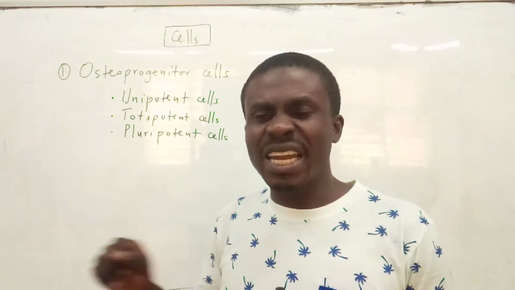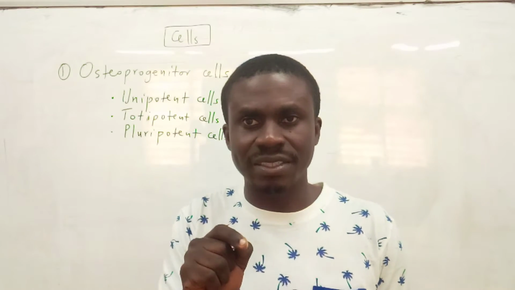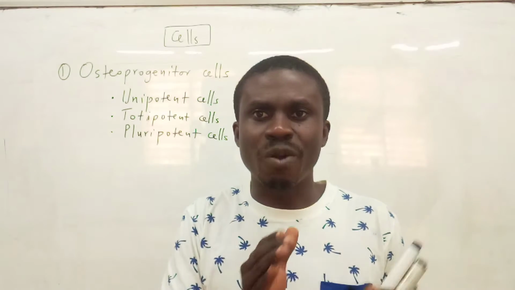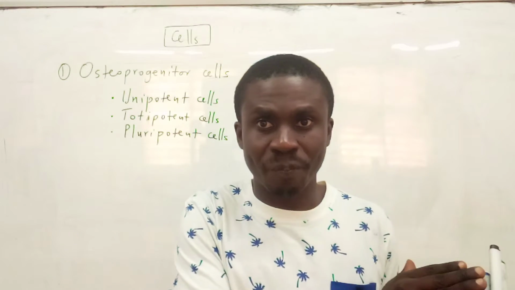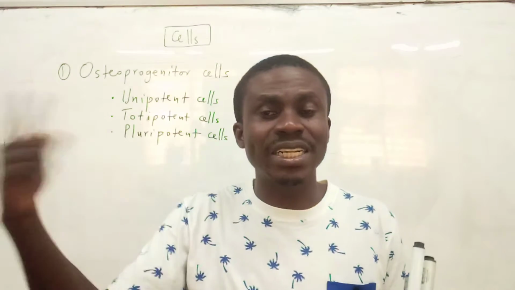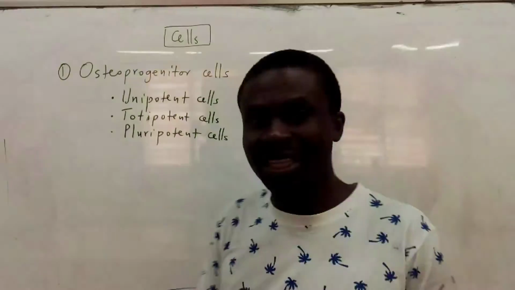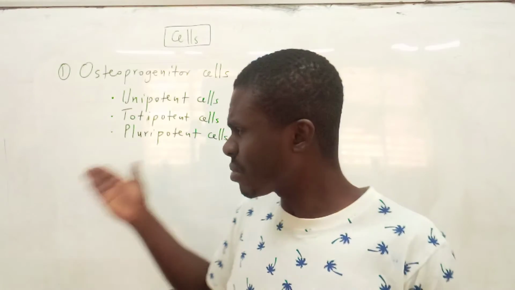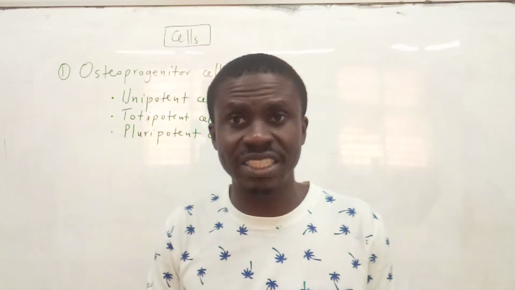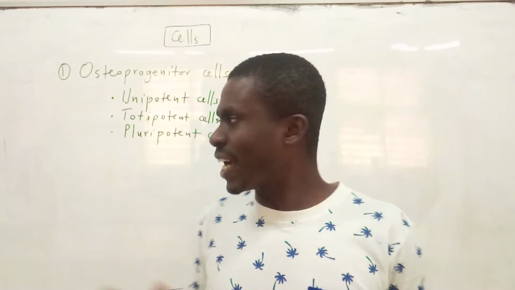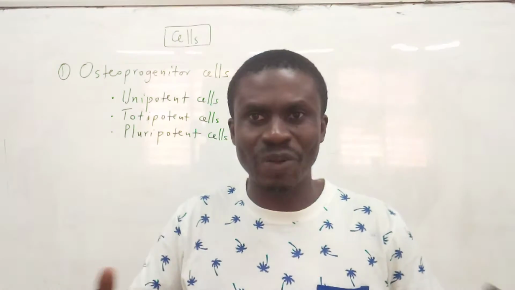If I take the mesenchymal cell, we said that all cells of the connective tissue will arise from connective tissue mesenchyme. And therefore, there are adult cell types that will arise from these stellate-shaped mesenchymal cells I'm talking about.